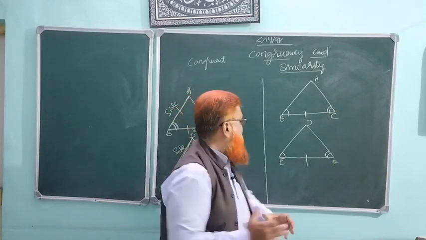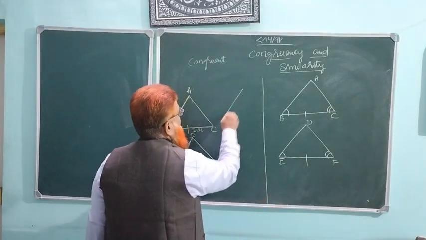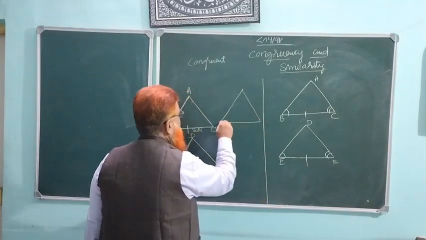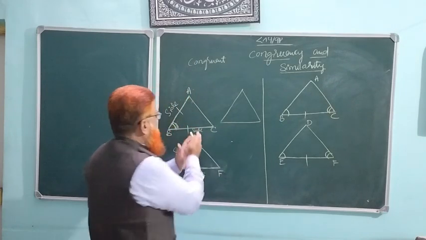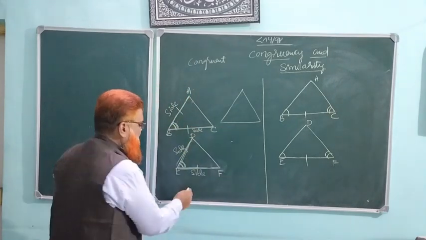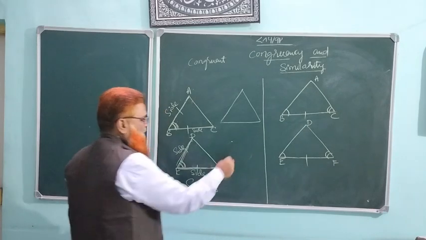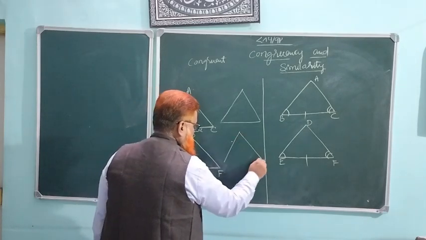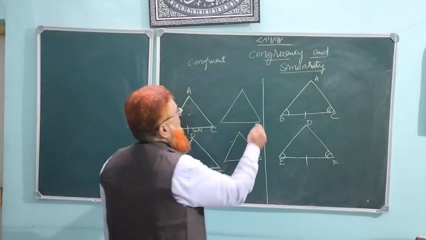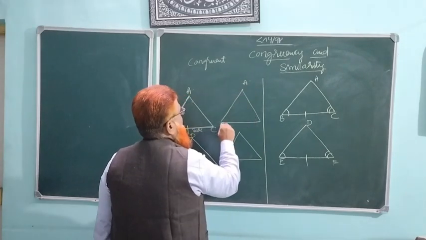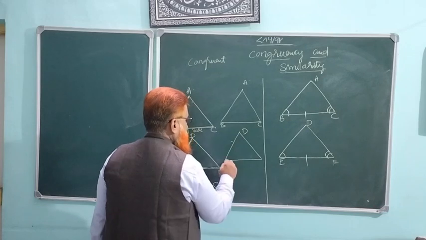What does it mean? I would like to take one more example for your understanding. Here I have written side angle side, side angle side, popularly known as SAS. I would like to make you understand by writing some measures on it. See here.